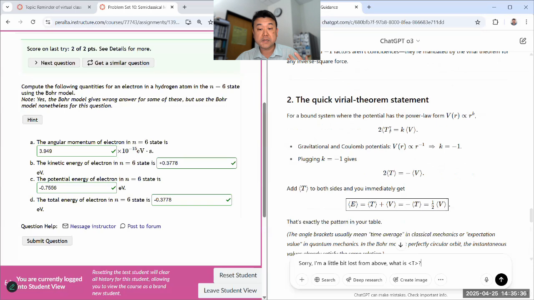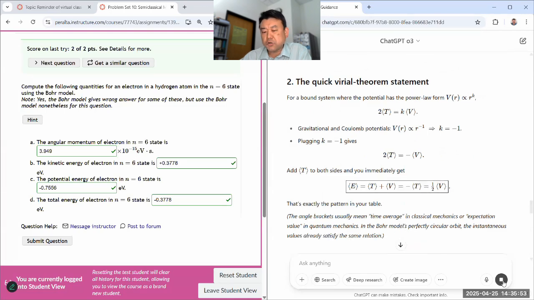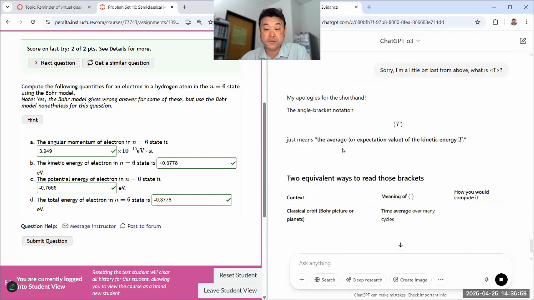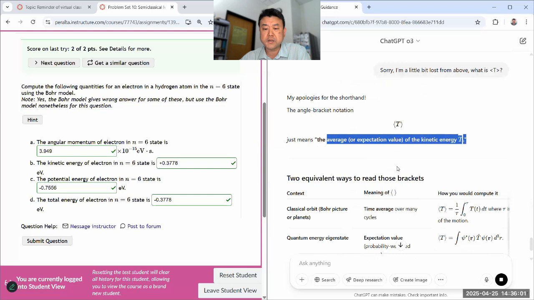If seeing this confused you, what else can you do? If you haven't read a textbook that uses T for kinetic energy, it's a super unintuitive letter. That's why I never use it when I lecture, and most lower division instructors won't. But you can ask ChatGPT and it'll explain, oh, that's just a symbol for kinetic energy. The average of the kinetic energy.